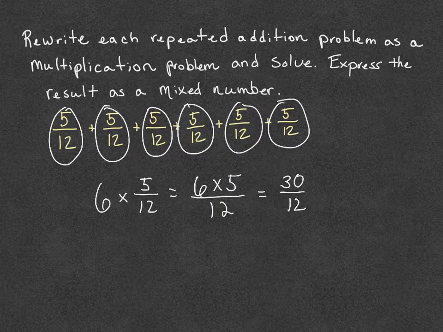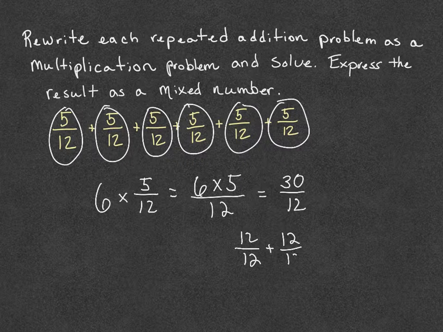And now I am going to start pulling out those wholes that I can get out of that. So I get 12 twelfths, that's one whole, plus another 12 twelfths, and that gives me 24 twelfths. And that means I'm going to have to stop, because if I added another one, I would go over 30. So that means I'm left with 6 twelfths.